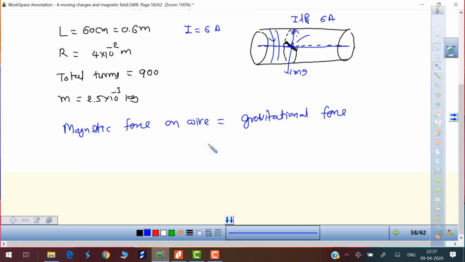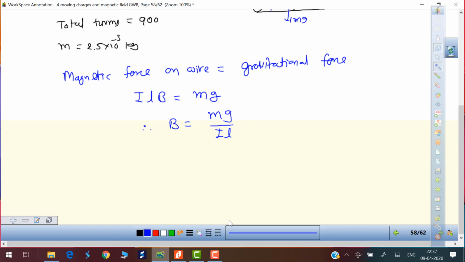So the magnetic force ILB is equal to mg, and therefore B is equal to mg upon IL. But B is equal to mu 0 nI, where I is the current of the solenoid.